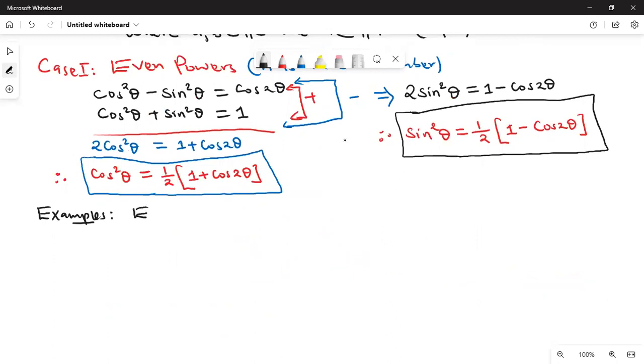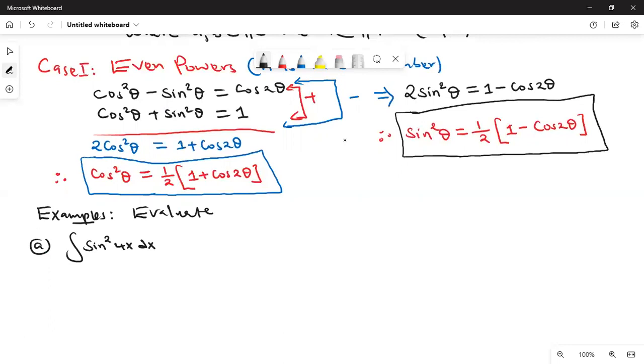You are asked to evaluate the following. In part A, we want to integrate sine of 4x raised to 2, the integral of sine squared of 4x dx.